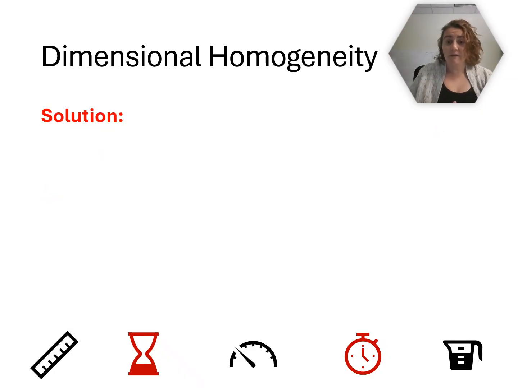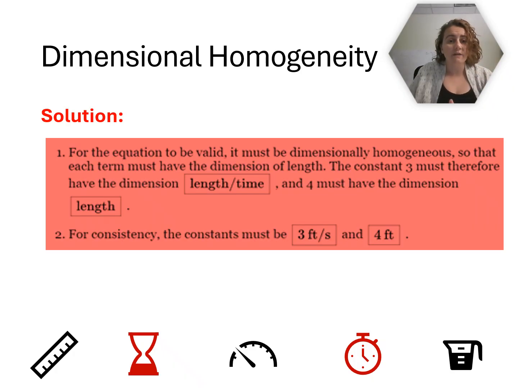If you take a look at the solution here, and again, maybe try this yourself first, in order to be valid, you have to be dimensionally homogeneous. D is in terms of feet, just feet.